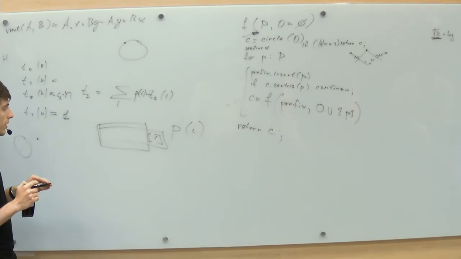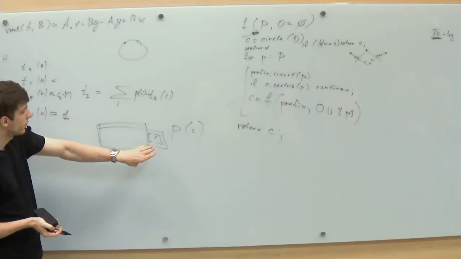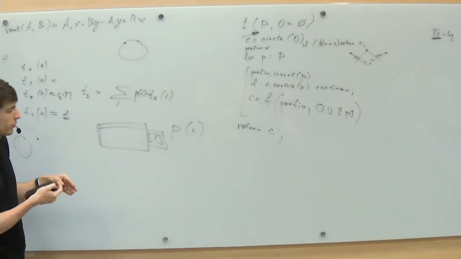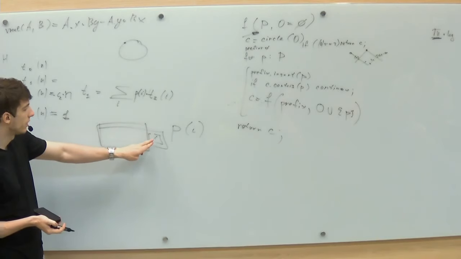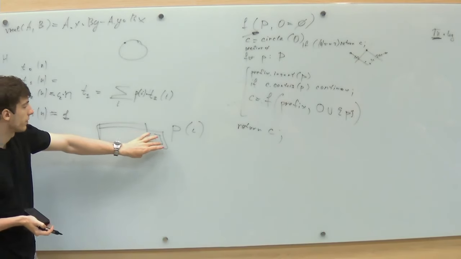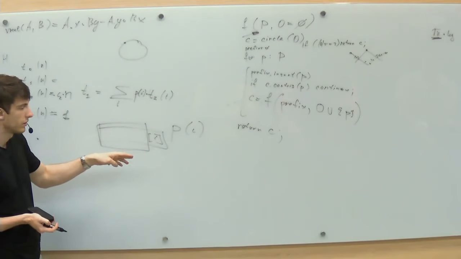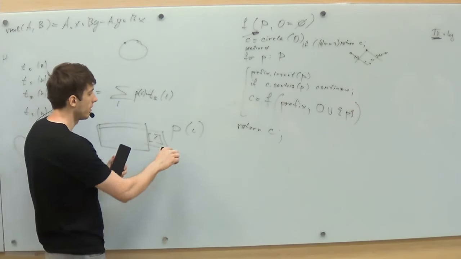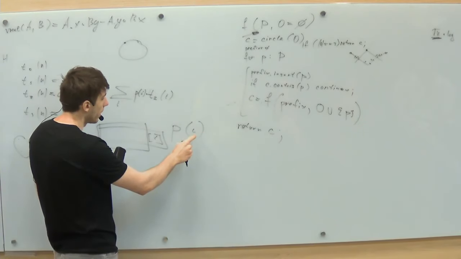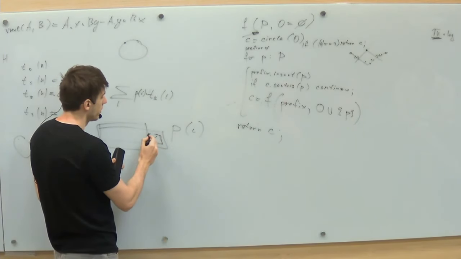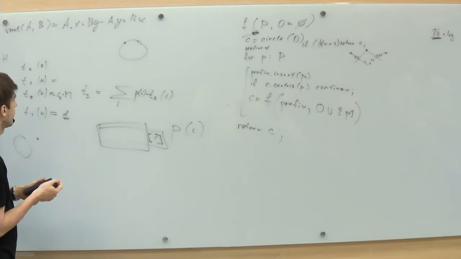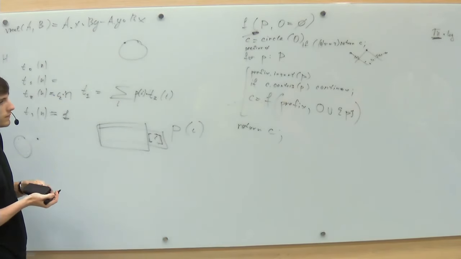If this point is not inside the answer for this prefix, we kind of proved before that it lies on the boundary of the answer for the whole prefix. So here we can say that this probability is that point I, the last one with the largest index, is on the boundary of our circle.